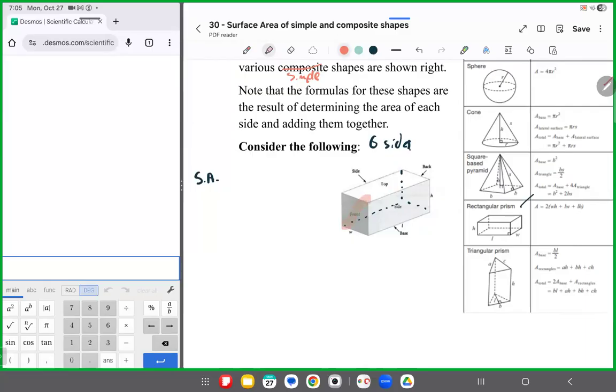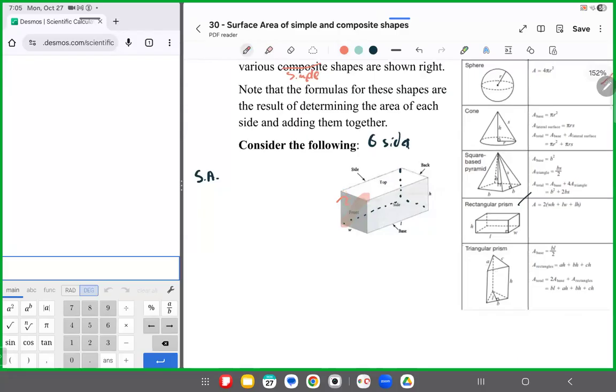The area of that front side is H times W. But if you notice, there is a front side here, but there's also going to be a corresponding back side. So there are actually two of them that use the exact same measurements. So we will label this as 2HW.